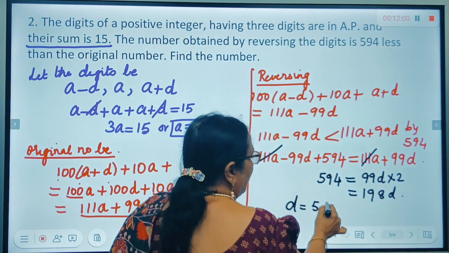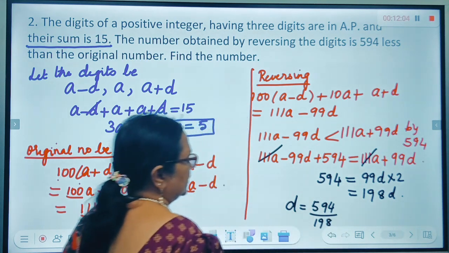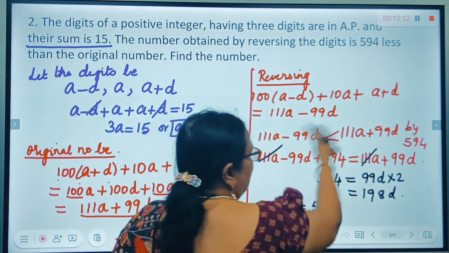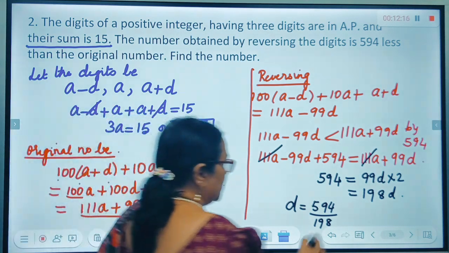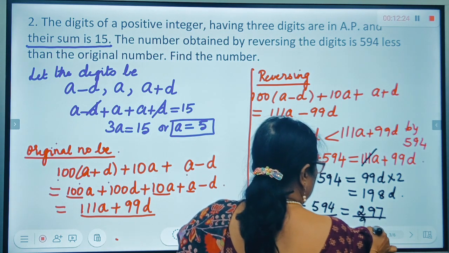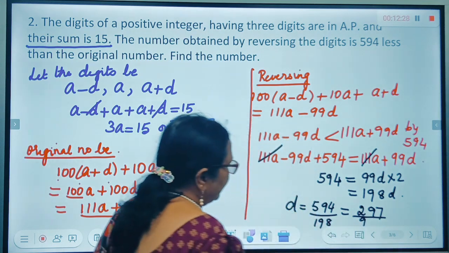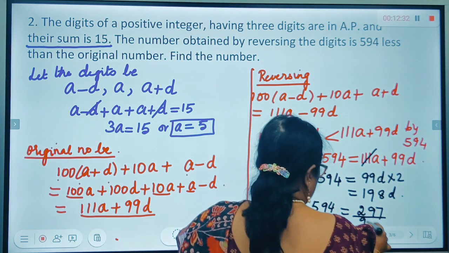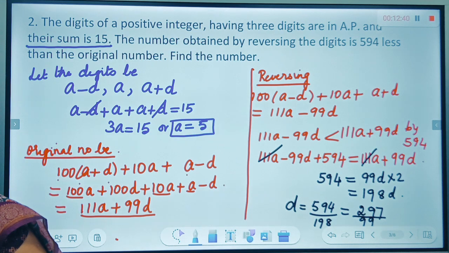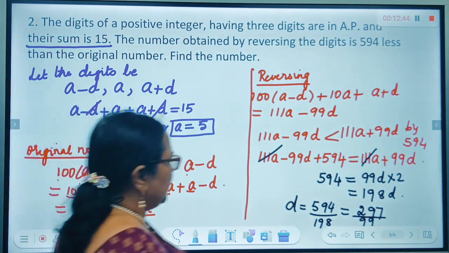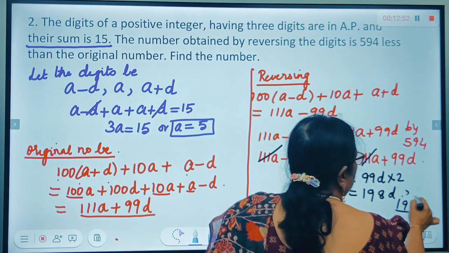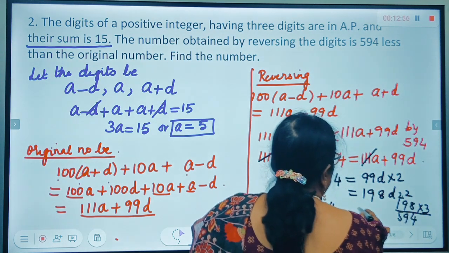So d equal to 594 by 198, which is 3. If I put d equal to 3, 198 into 3 will give me 594. So d is 3.